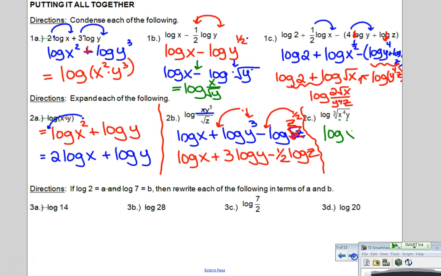So I have an x to a power 4, and I'm going to apply a root 3, so that will look like 4/3. And then the y, I have a power 1, and I'm going to apply a third root. That means divide 3. So that's the quickest way to bring that third root symbol in. Now I have times. So if I have times, I can separate it by addition.